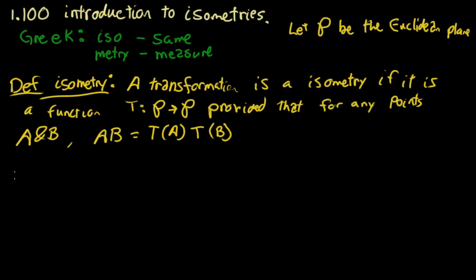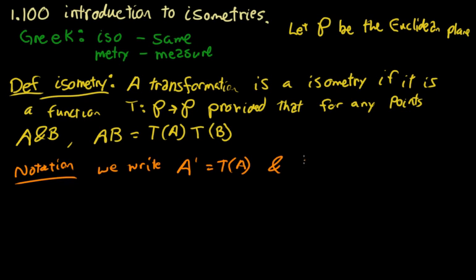We'll do that in orange. We'll say we write A prime equals T of A. So we aren't going to be writing down this T notation too much.